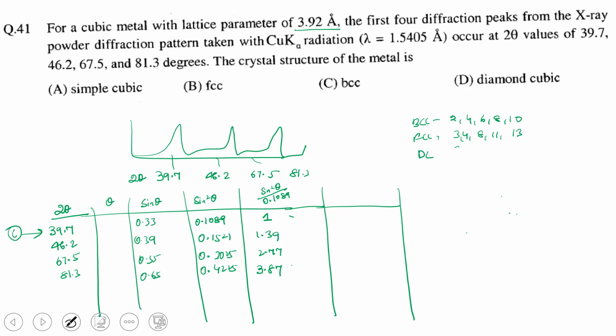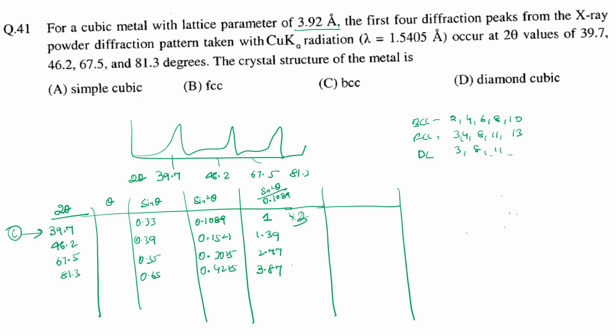For diamond cubic it is 3, 8, 11, like this. If it follows something like this, then we can relate it to that structure. Now if we multiply by 2, we get 2.7 and so on, so it is not following any integer trend.